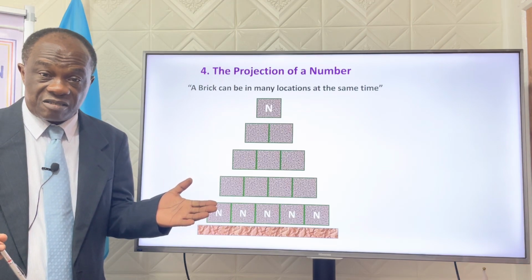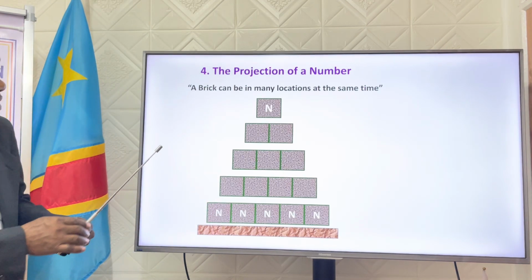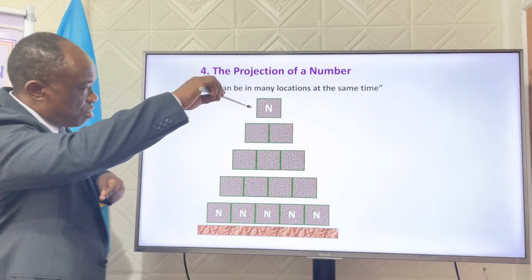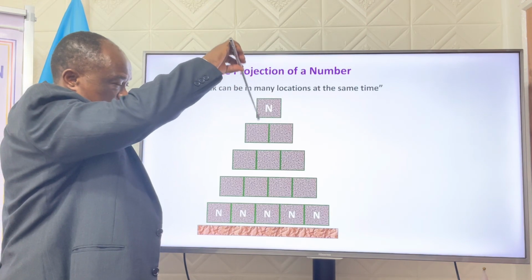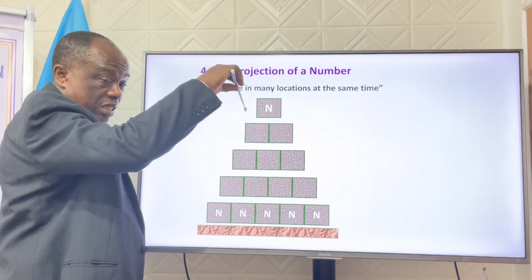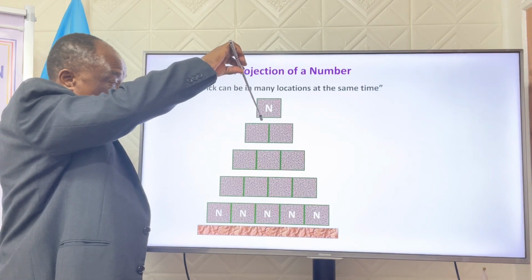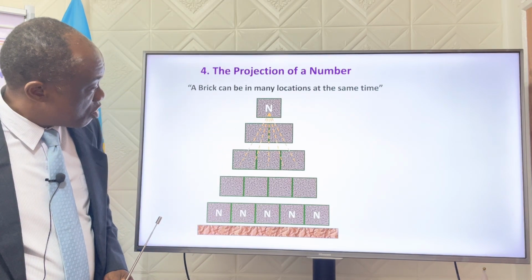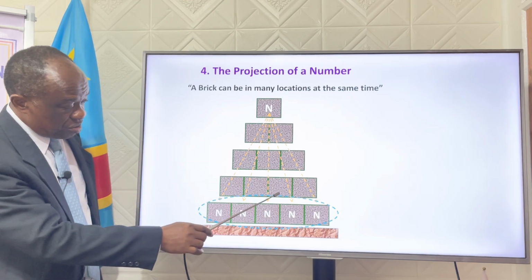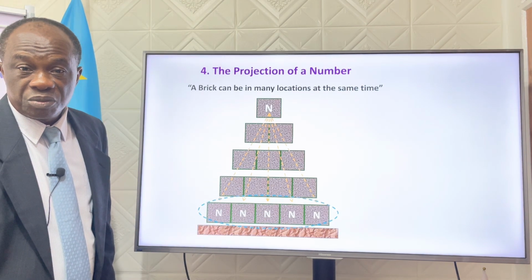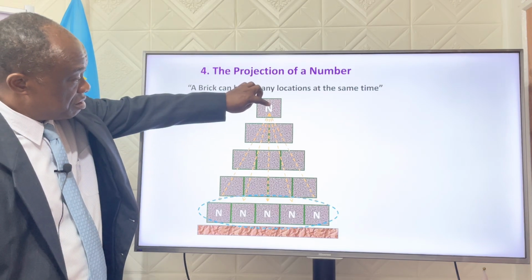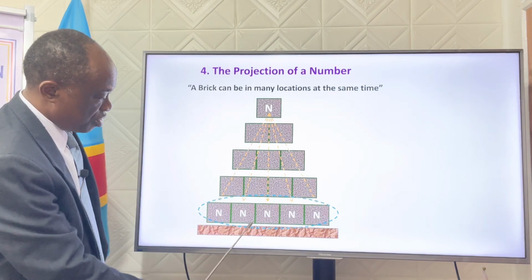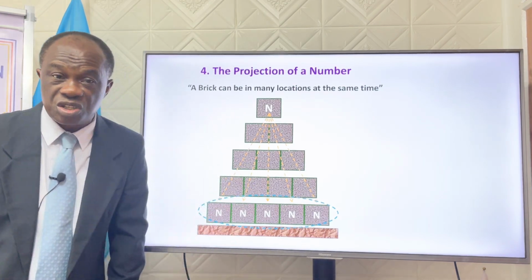And in physics, we understand that because of the force of gravity, this has a mass, is it not? It is exerting a force on all of these bricks, and this force will go through all these bricks below. So it starts there, it expands to the 2, to the 3, to the 4, and to the 5 before it will reach the floor.